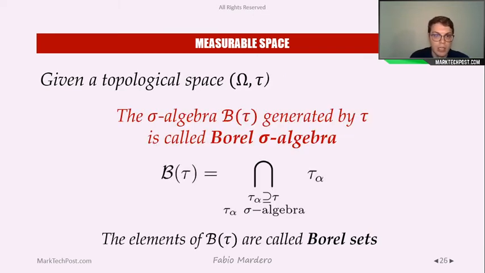In fact, if we take a topological space where tau now becomes our F, so the collection of elements is now a topology, the sigma algebra generated by tau is called the Borel sigma algebra, and the elements of the Borel sigma algebra are called Borel sets. The definition is the same, we just replaced F with tau.